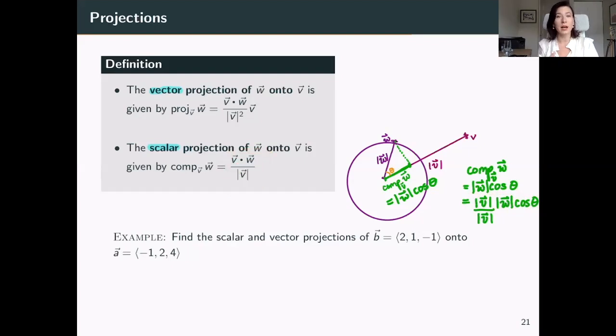From the notion of the scalar projection, we can get the vector projection. We'll draw a very similar picture, but here we don't have to worry about magnitudes.